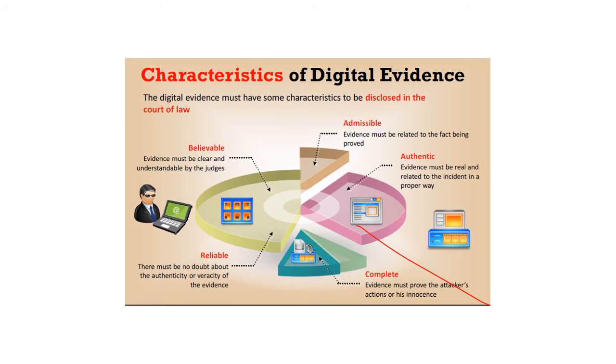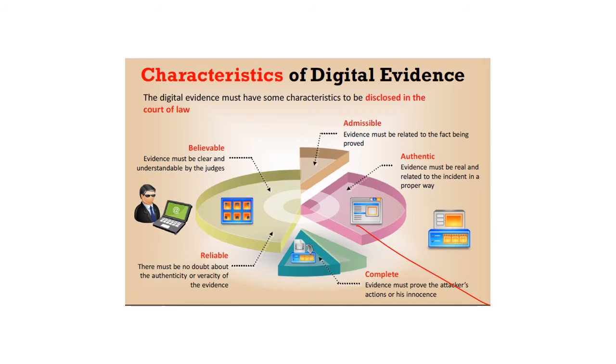We have what we call characteristics of digital evidence. We're basically saying the digital evidence must have some characteristics to be disclosed in the court of law. So the first and most important characteristic is what we call admissible.